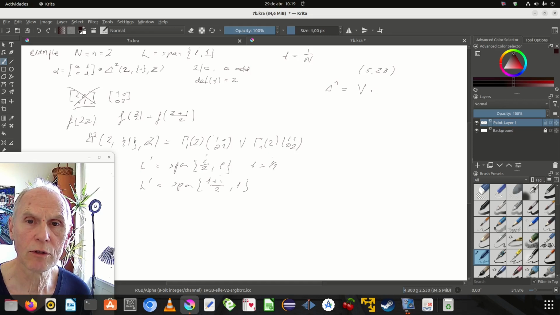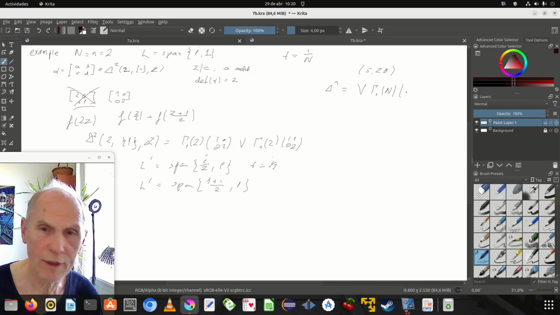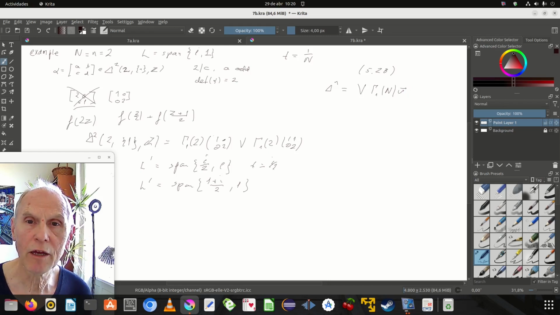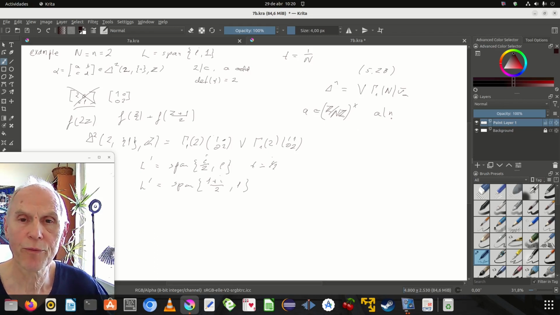A disjoint junction of gamma 1 of n, and then this sigma A, and that's A in this multiplicative group, but also dividing n. So it's the divisors of n that are mutually prime with n.